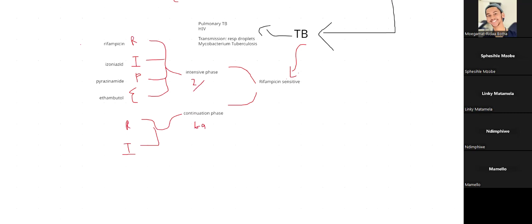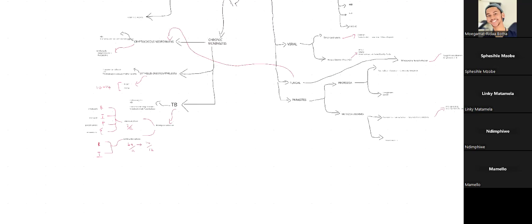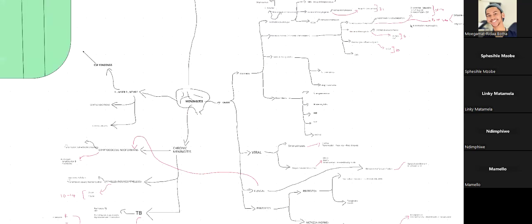So 2 months, and 6 to 9 months for the continuation phase, which can go up to 24 months. That's the classification of an approach to the causes of meningitis.